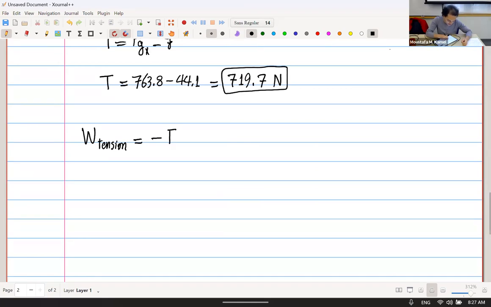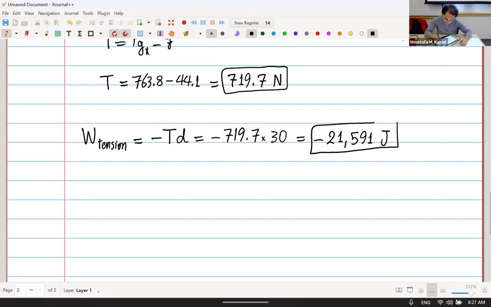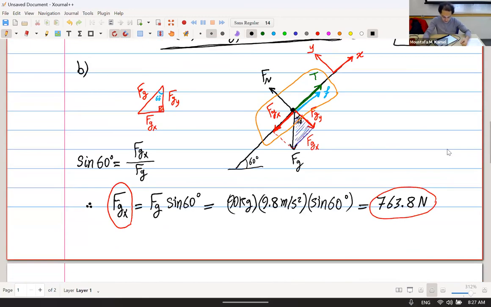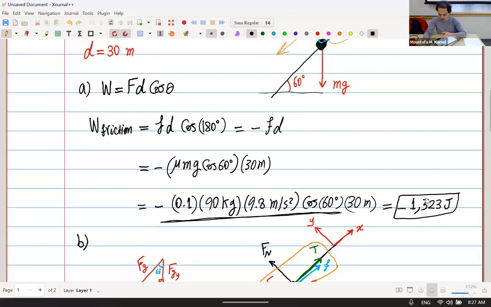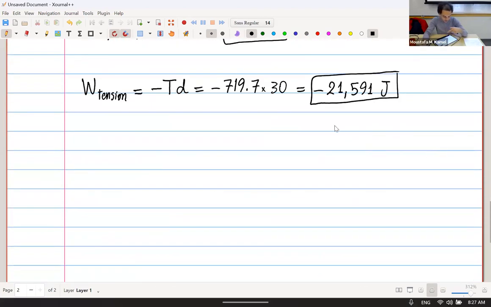So basically it's just negative T times D. So negative 719.7 times 30, which is equal to negative 21,591 joules. So now we got the work done by friction up here and the work done by tension down here. Both of them are negative.